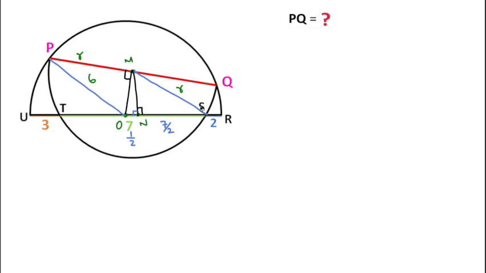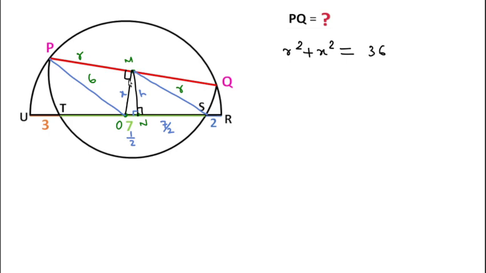If we consider this point as M and this as H unit and this MO as X unit, then using Pythagoras theorem, in triangle PMO, we can write R square plus X square equal to 6 square, that is 36.